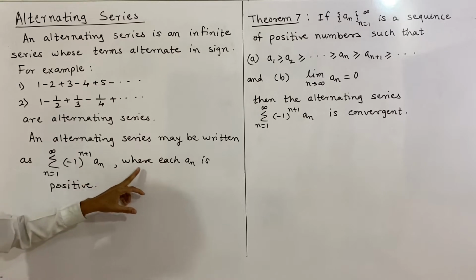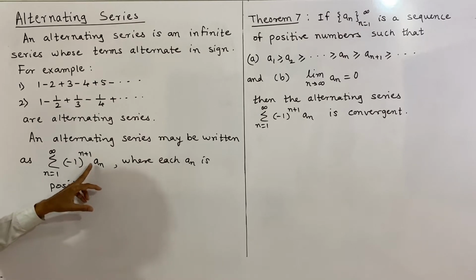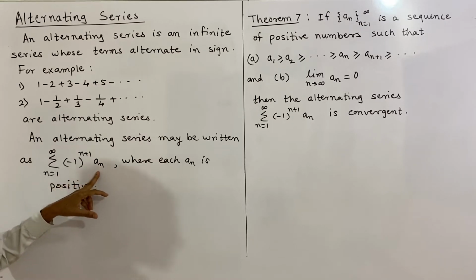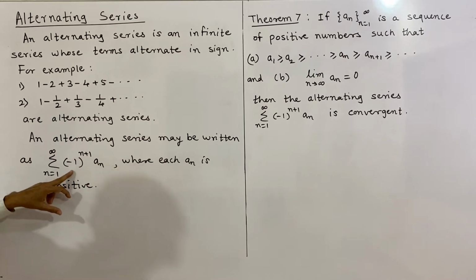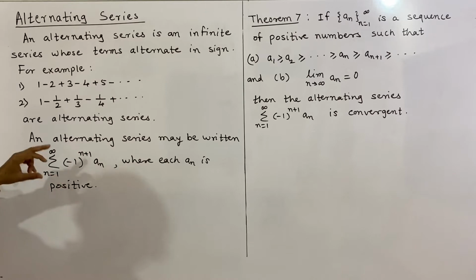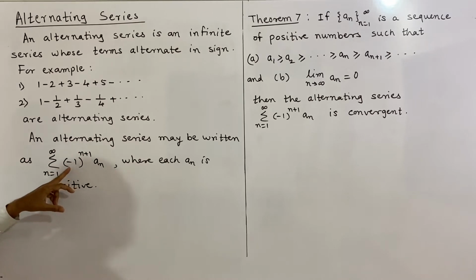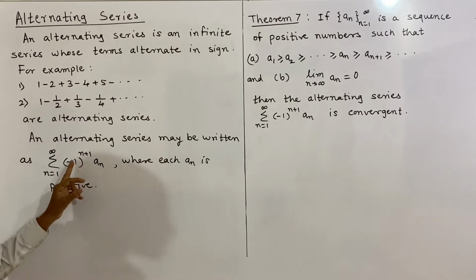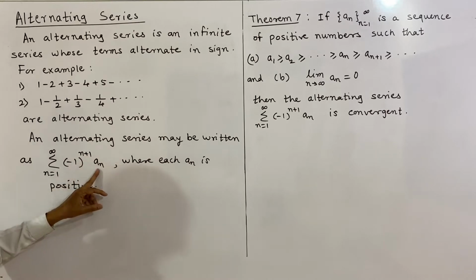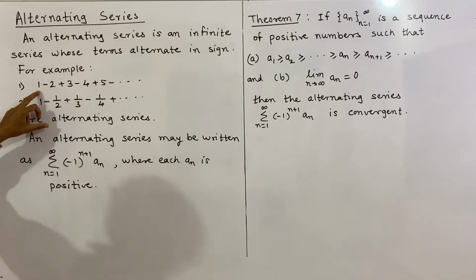This term an is positive or non-negative, and the other term represents the sign. So, if you put n is equal to 1, then minus 1 to the power 1 plus 1 means 2, minus 1 square is positive plus 1, and there into an, that is a1. This is the first term.